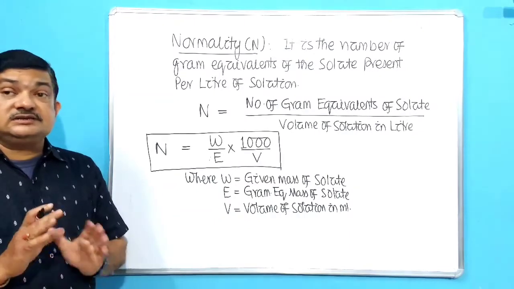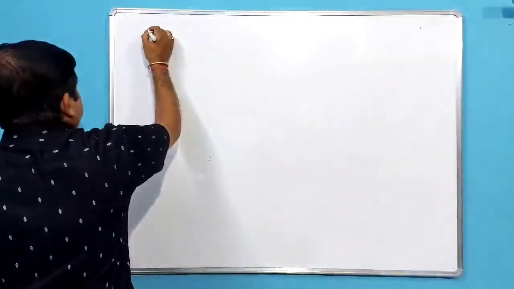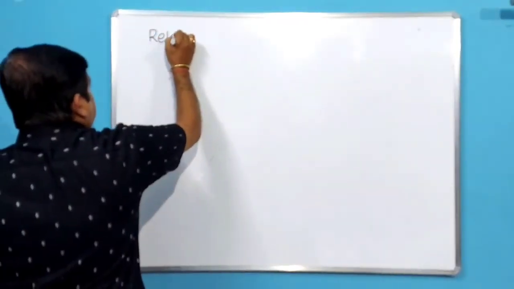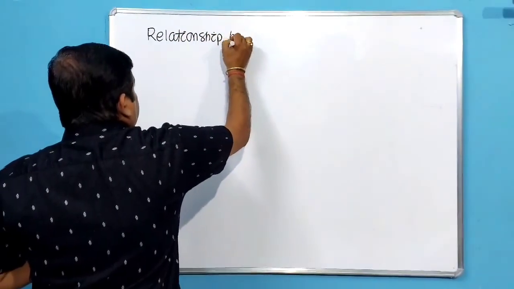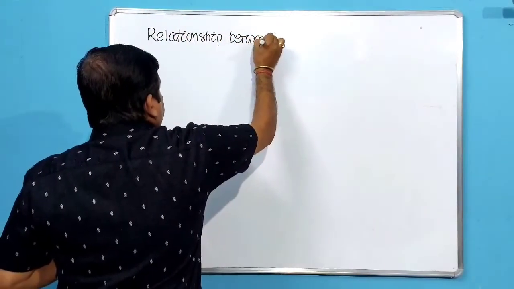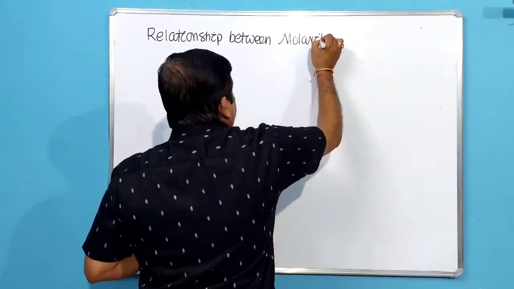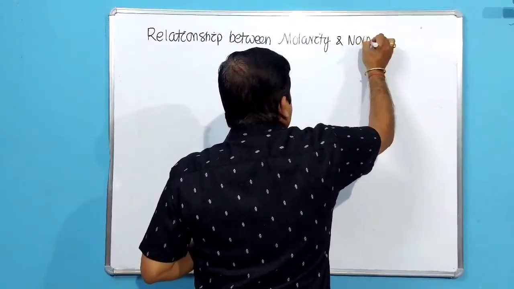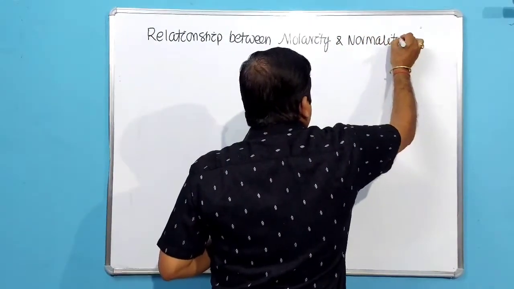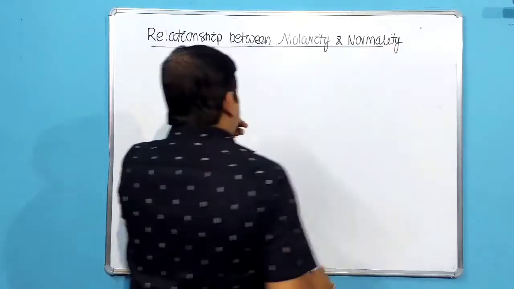Next we will discuss the relationship between normality and molarity. Students will find out the relationship between molarity and normality. Very simple. You can also find it out on your own.